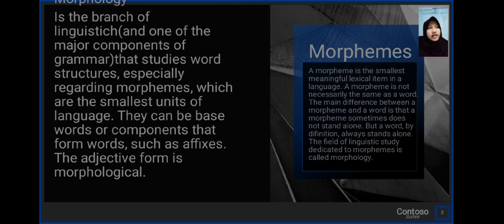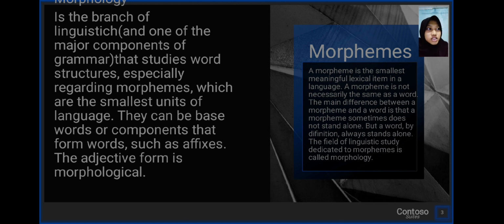And another definition of morpheme is that a morpheme is the smallest meaningful lexical item in a language. A morpheme is not necessarily the same as a word.